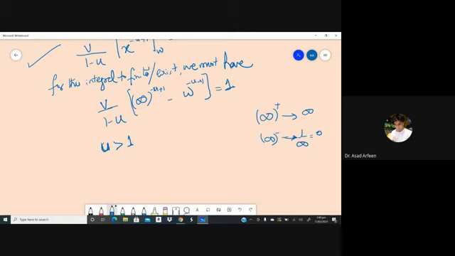And then obviously w will be greater than 0. That's okay, but the main thing is that we must ensure that u is greater than 1.